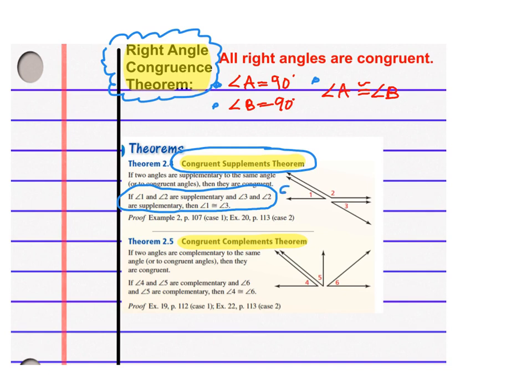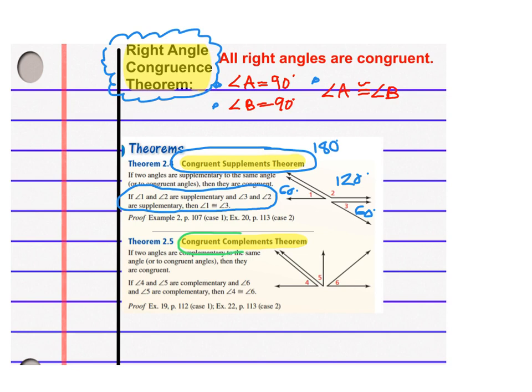So let's say angle 1 and 2 are supplementary, 60 and 120. Remember, supplementary adds up to 180. Okay, and let's say angle 2 and angle 3 are supplementary, 60 and 120. Then angle 1 is congruent to angle 3, 60 and 60. So that's what that theorem is saying.